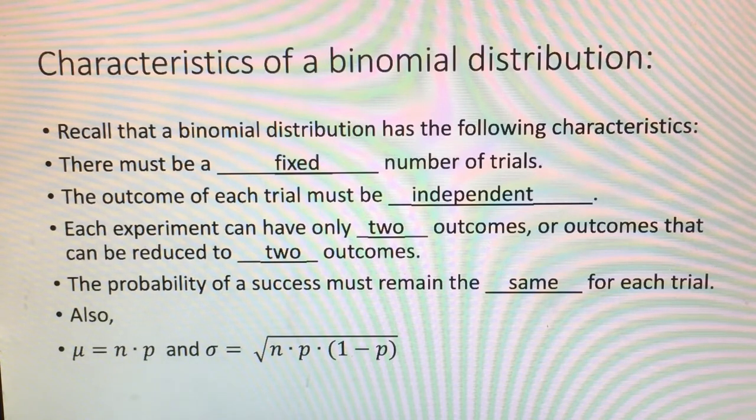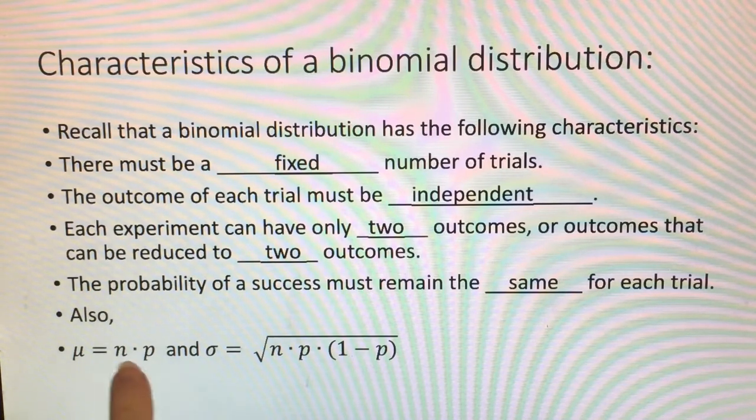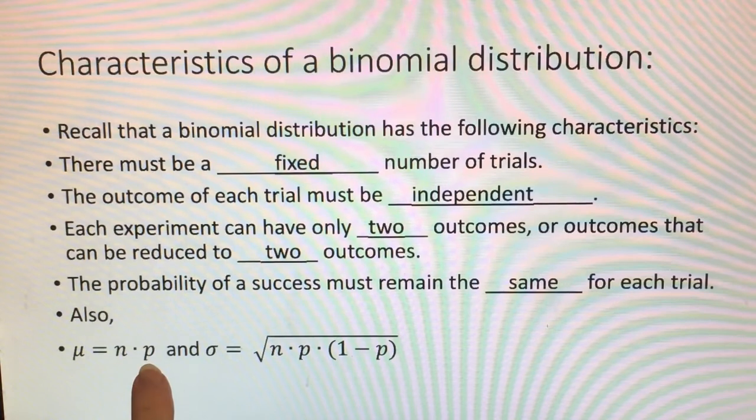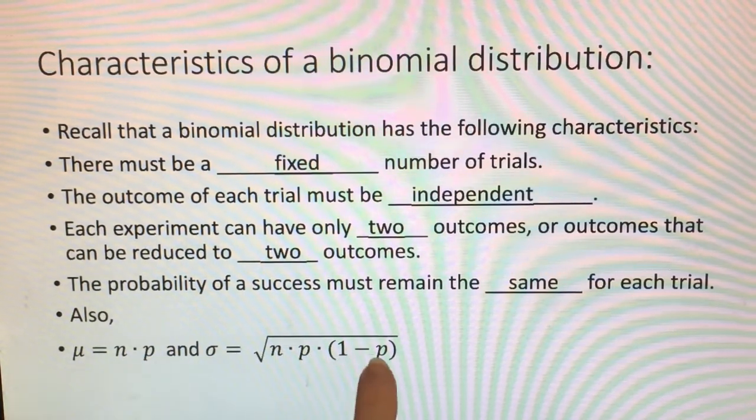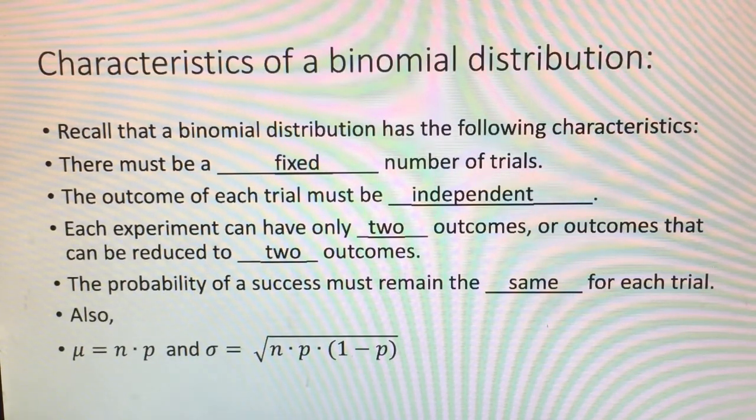So when those conditions are met, we have a binomial distribution, and the mean of a binomial distribution is n times p. P is the probability of success, remember. And then 1 minus p could be designated q, and q is the probability of failure, or 1 minus the probability of success.